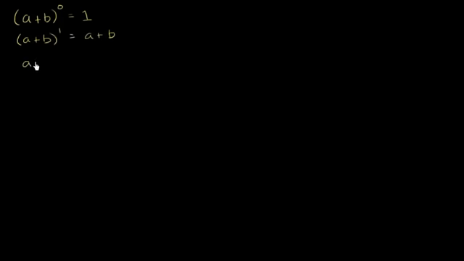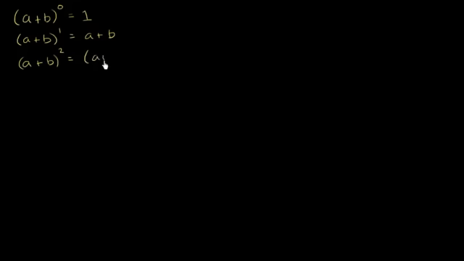Now what about a plus b squared? Now, if you haven't been practicing taking powers of binomials, you might have been tempted to say a squared plus b squared, but that would be incorrect. If you did that, you should give yourself a very gentle but not overly discouraging slap on the wrist or the brain or something. A plus b squared is not a squared plus b squared.